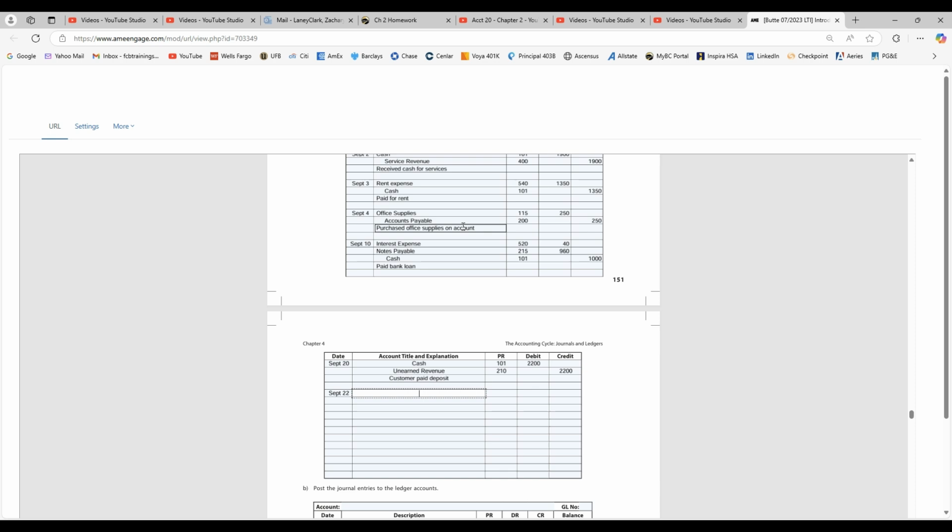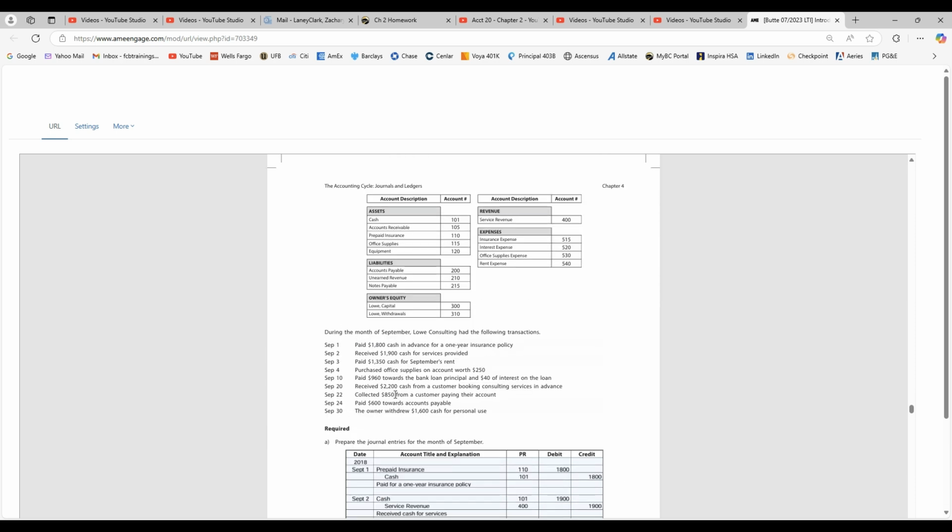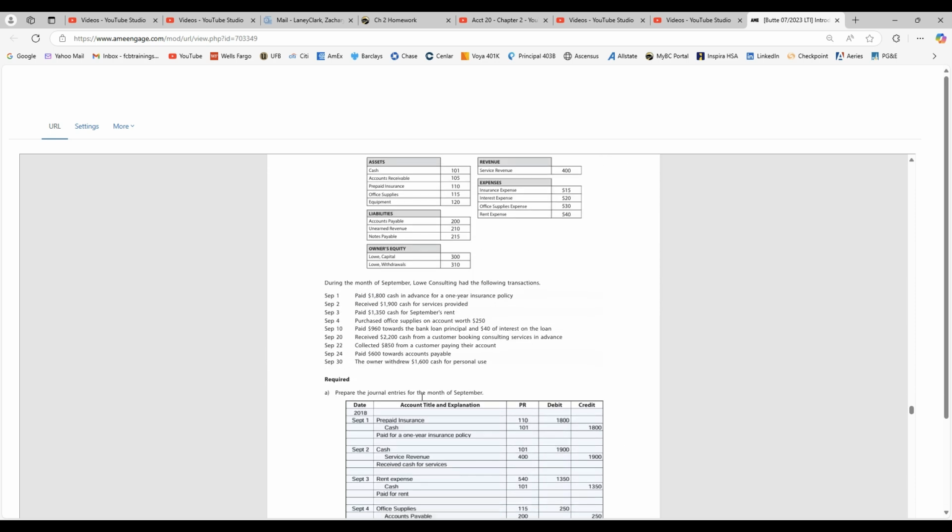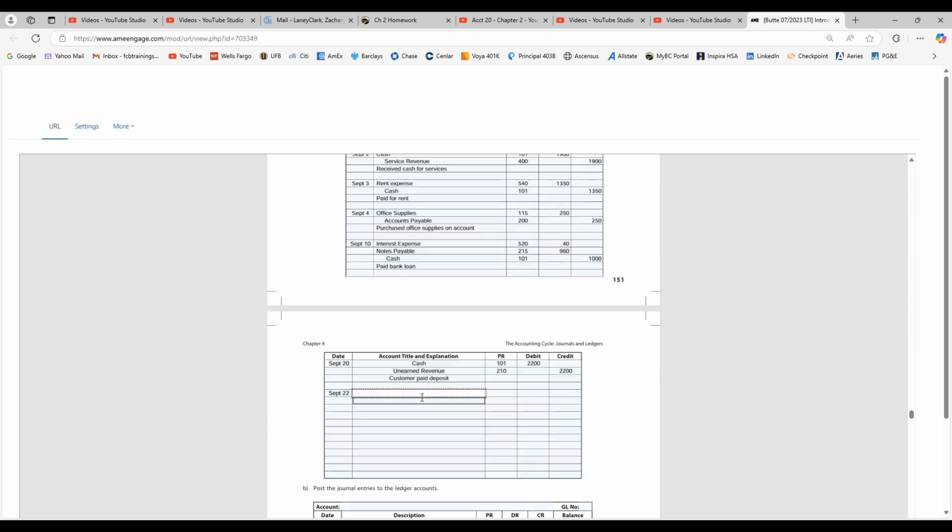September 22nd, we collected $850 from a customer paying their account. So we received the cash, and that was $850. And then accounts receivable, as they're paying for services previously provided.